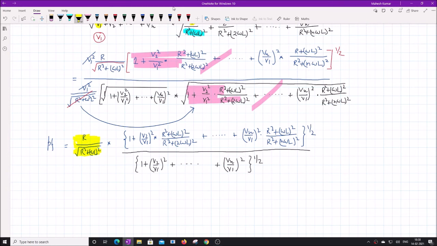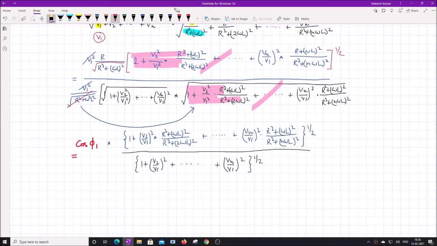This is the fundamental power factor, R by square root of R square plus omega L square. Okay, so this is nothing but cos phi 1. So we can write this simply as cos phi 1. And this is the complete power factor.